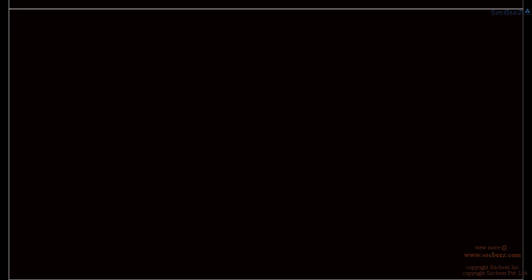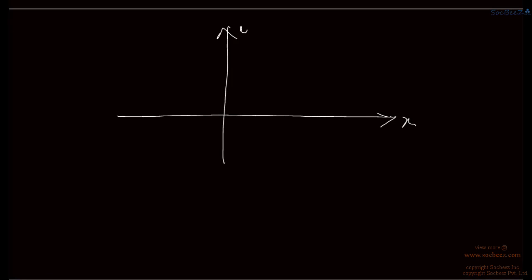So we have our coordinate system, x axis and y axis. Let us denote this line x plus y is equal to 1 with green.